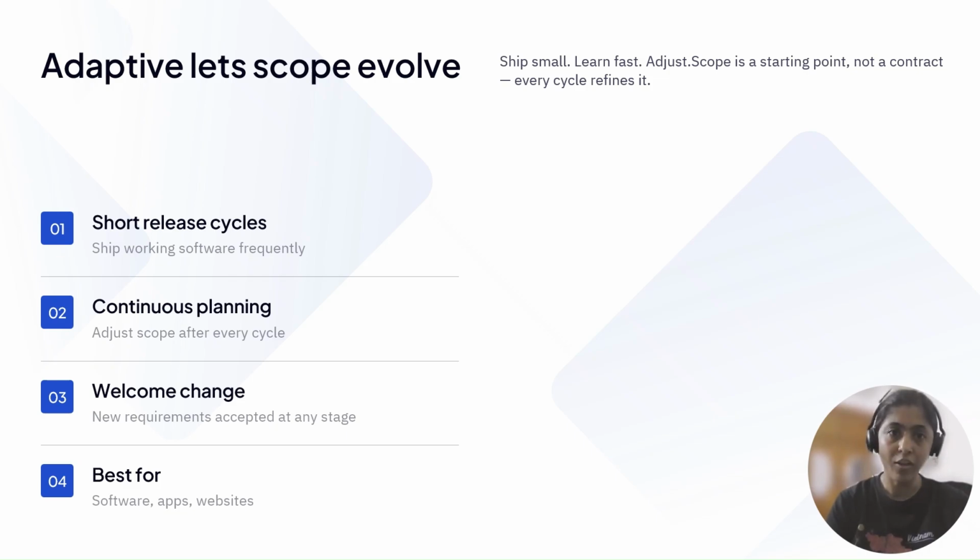At the end of every sprint, the customer reviews the work and provides feedback. And based on that feedback, priorities can change. Notice something interesting: in a predictive project, change is controlled, and in an adaptive project, change is welcomed because every change helps improve the final product.